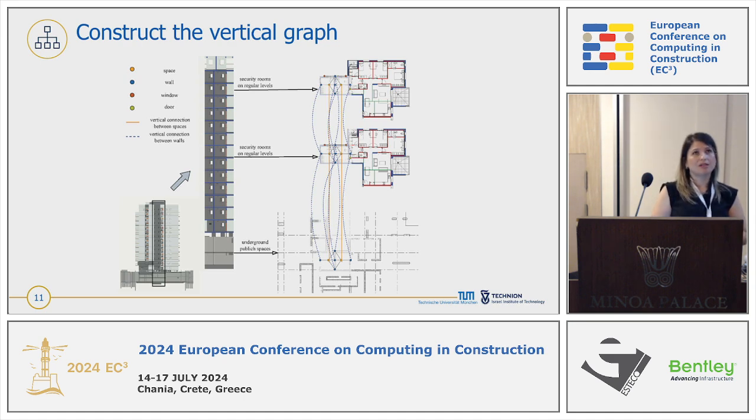We analyzed the intersections between the bounding boxes of the security rooms that we had already identified and the other elements in the model. The elements that intersect were then collected into this graph representation, where we have spaces, walls, windows, and doors as nodes, and the edges represent the relationships.